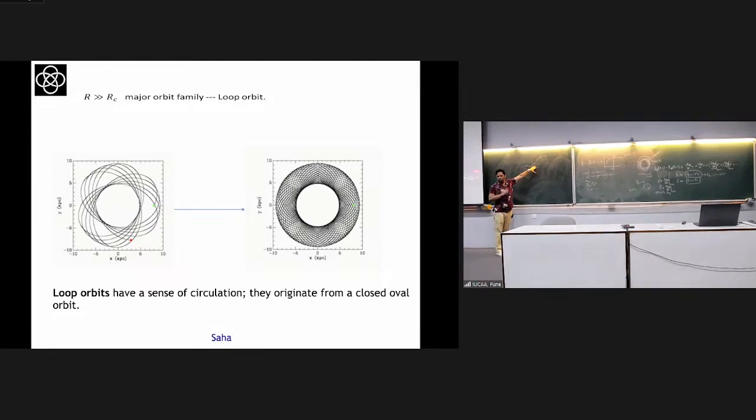We want to understand the potential of this galaxy. How do we calculate the potential of this galaxy theoretically? I have the mass mi, and the mass of another star, mj.